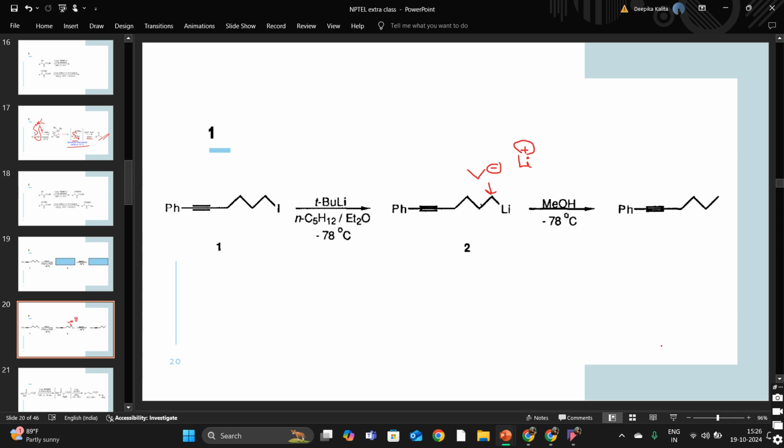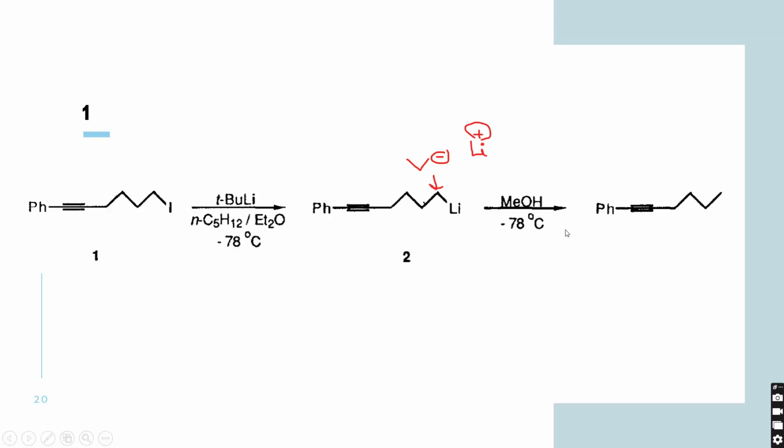So since we have this protonating agent in the next step, this carbanion will be readily protonated to give us this alkane. So this is how, using tertiary butyl lithium, we are going to convert this alkyl iodide into the deiodinated product.